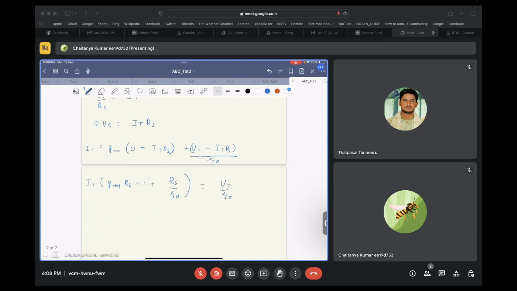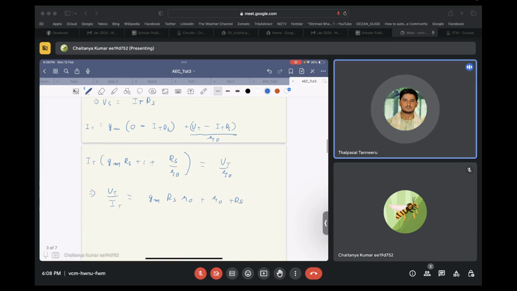So VT by Itest we get as Gm Rs R naught plus R naught plus Rs. Is this clear? Yes, sir.